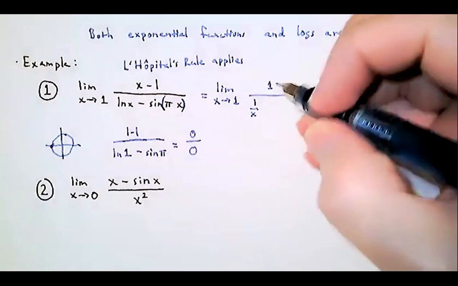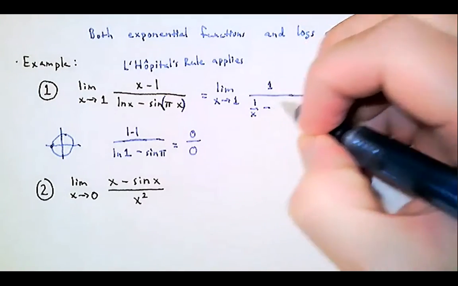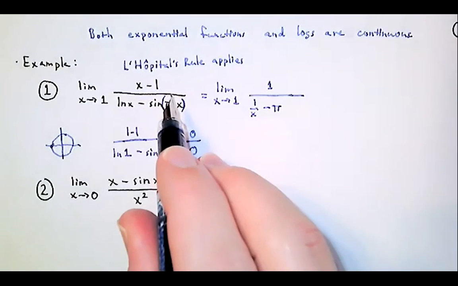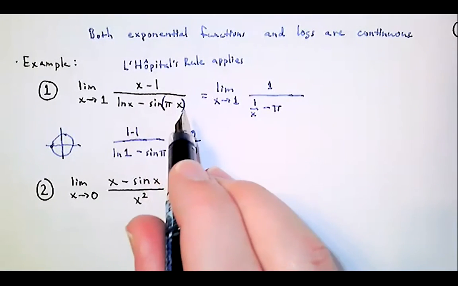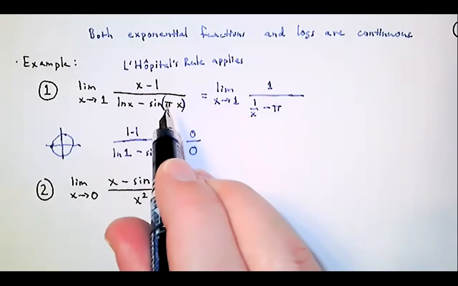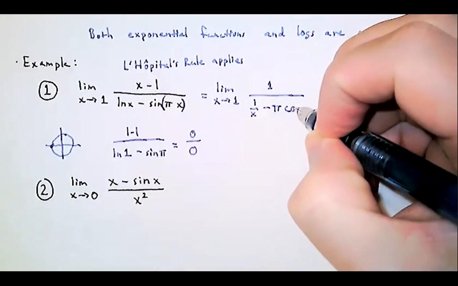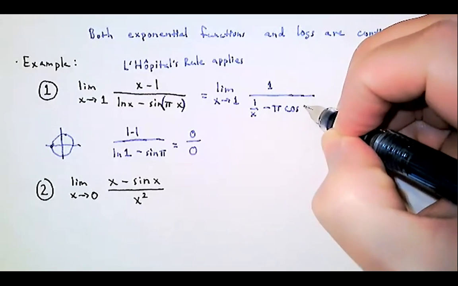Pi cosine pi x, good. So the extra pi in the front comes from the chain rule. The inner derivative of this guy is the constant pi. And then the outer derivative gives you the cosine.